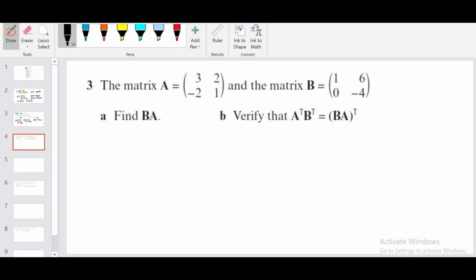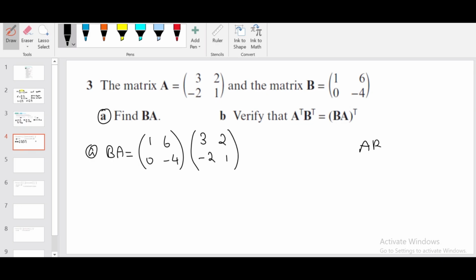Question number 3. You have 2 matrices A and B. Find BA, the multiplication of B times A. You take the matrix, multiply B times A. The order is important, because in matrix multiplication, AB is not equal to BA.